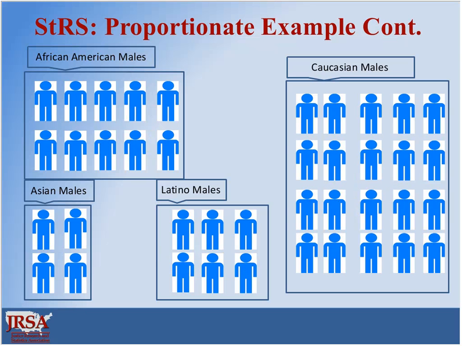So here's a random selection of each group utilizing proportionate sampling. So they still, again, represent Caucasian males 50%, Latino males 15%, that 3, African American males 25% of the sample, and the Asian males the 10% sample.